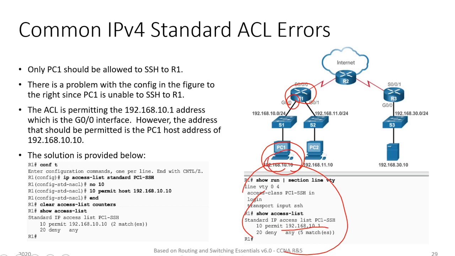So we may have to change that to the address of the PC for it to be correctly matched. Because this was a misconfiguration, any previous attempts would have matched with this deny statement. That's what we would be able to see with the statistics. Once we have changed that, it is going to match with the correct statement.